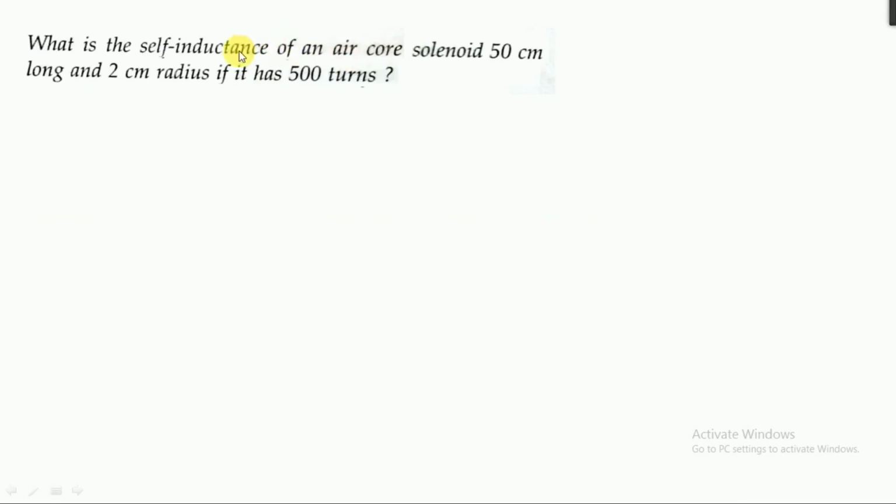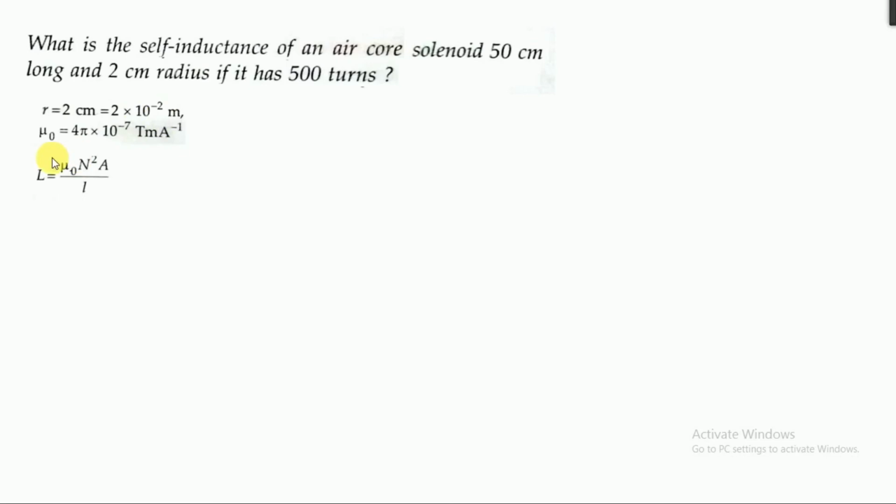So in this question there is a solenoid. Inside the solenoid there is air only, so that is why it is written air core solenoid, and the length is 50 centimeter, so we need to convert it into meter, and radius is also given, 2 centimeter, and it has 500 turns, so we have to find L, self inductance.